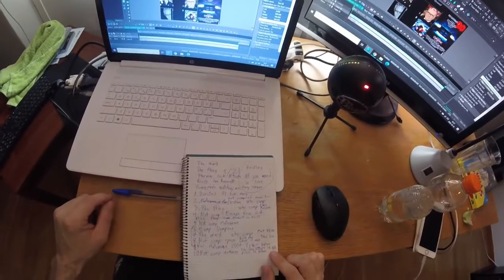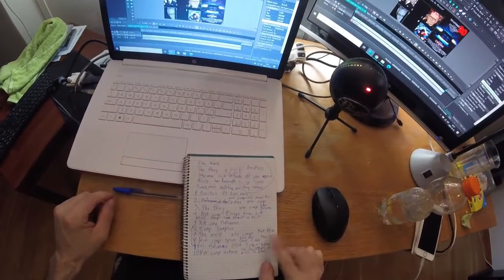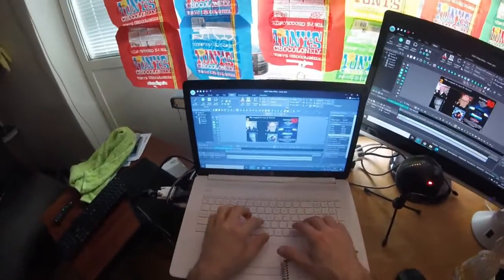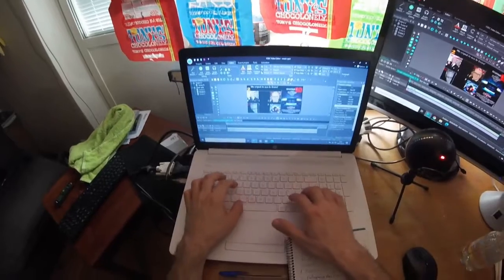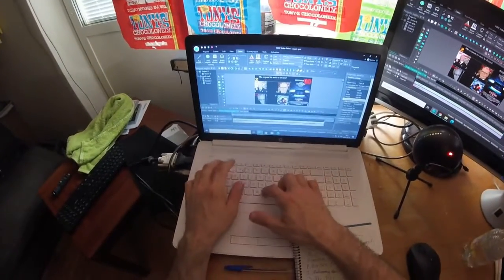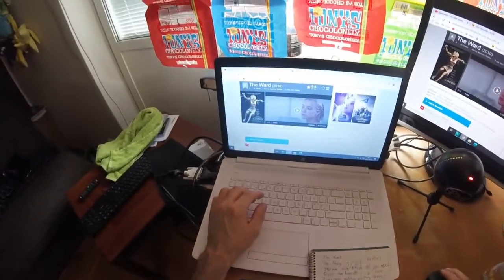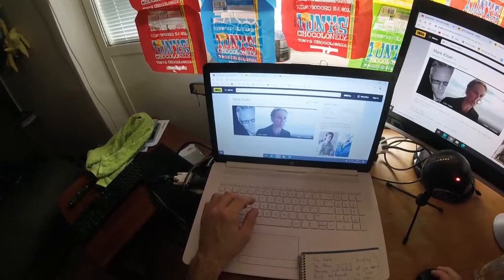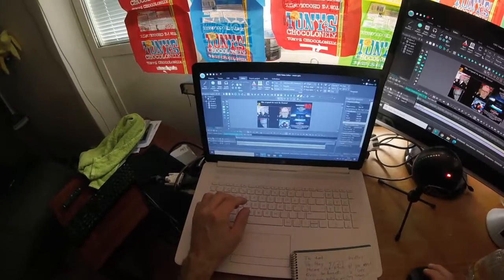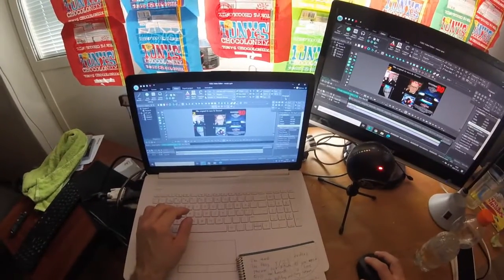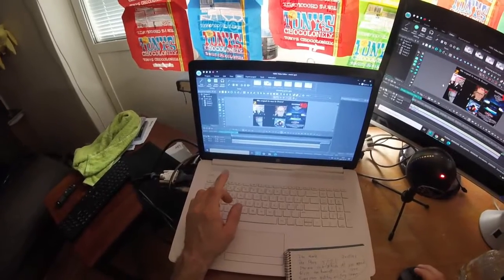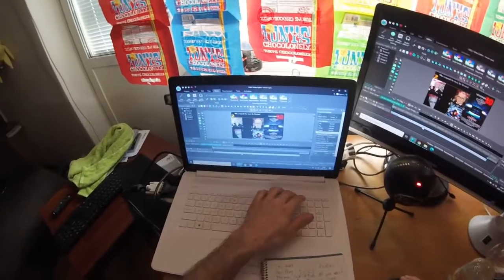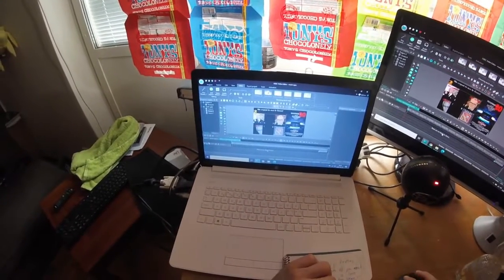Hope this makes sense. Mark Kilian, The Ward, yeah, Mark Kilian. Correct. Double check the spelling. Move it to be centered. Move on to the next picture.